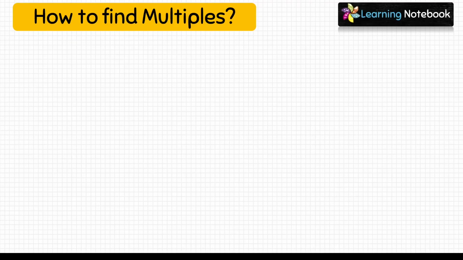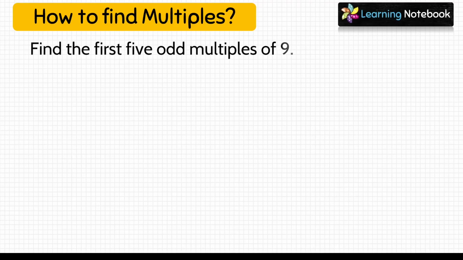Let's do one more question. Find the first 5 odd multiples of 9. So here students, to find first 5 odd multiples of 9, let's multiply 9 by first 5 odd numbers.